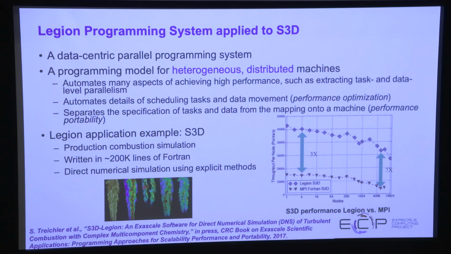As I said before, data motion costs a lot of flops and energy. So I don't want to figure that out. I want a runtime to do that for me. And then it separates the specification of the tasks and the data from its instantiation on the actual hardware, and it uses a mapping utility on a given machine to get performance portability.